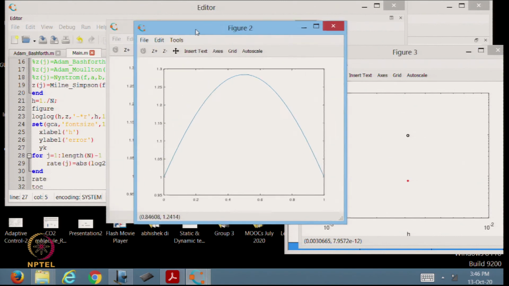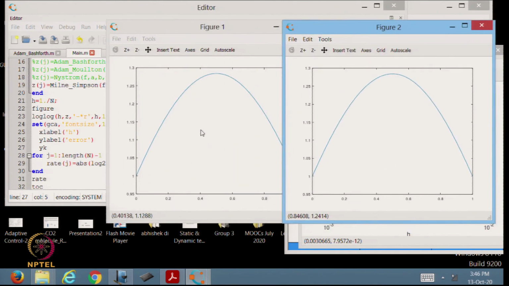So, figure 1 is the exact solution and figure 2 is the numerical solution. This is just to look at the shape of how the numerical solution is behaving, and both of them are consistent. Anyway, that we can observe from this figure, but for very fine details about the numerical solution and exact solution, you have to plot the error also.